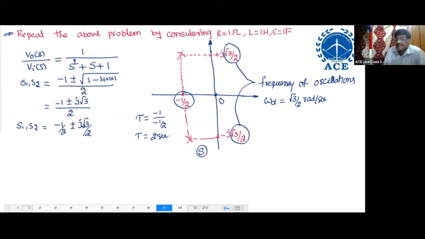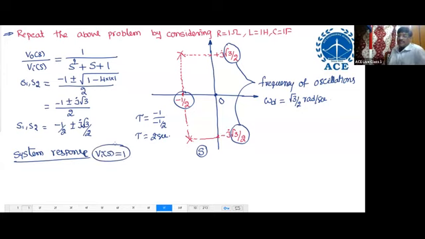Now find the system response. VA of S equals 1.